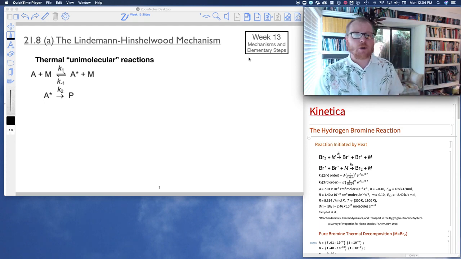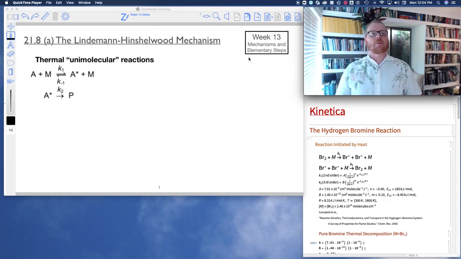The first thing that I want to describe in mechanisms and elementary steps is the very famous Lindemann-Hinshelwood mechanism.